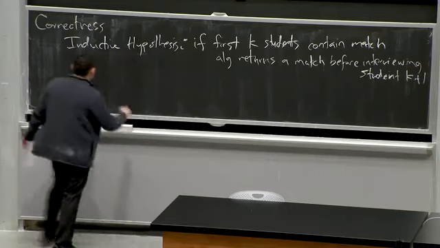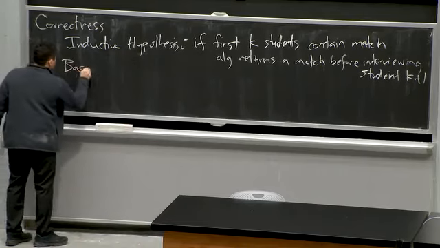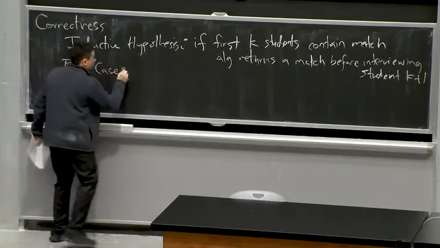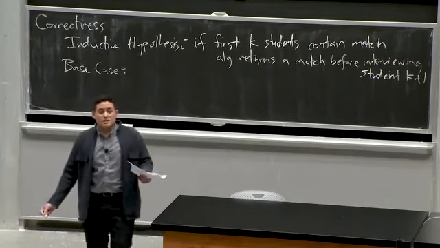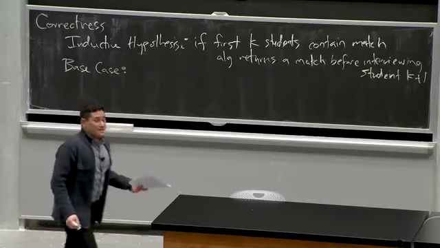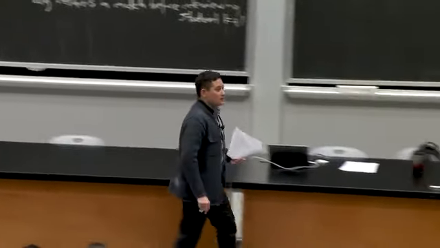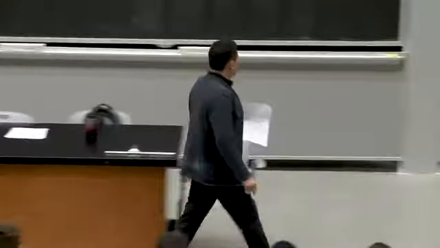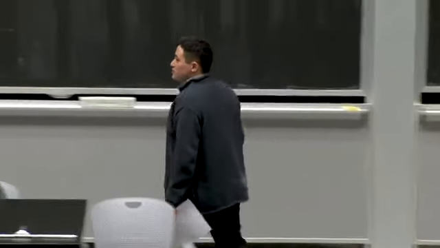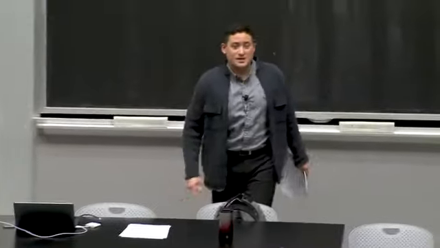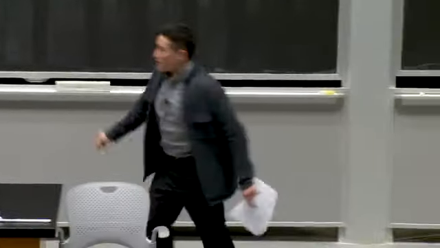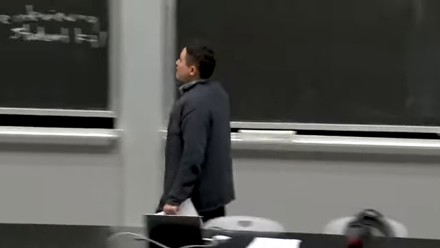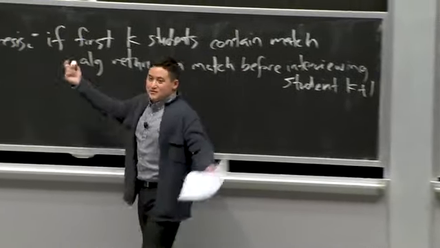So what's my base case here? My base case is the easiest thing I can do. Sure, 2, that's an easy thing I could do. I could check those possibilities, but there's an even easier base case than 1. 0, right? After interviewing 0 students, I haven't done any work.